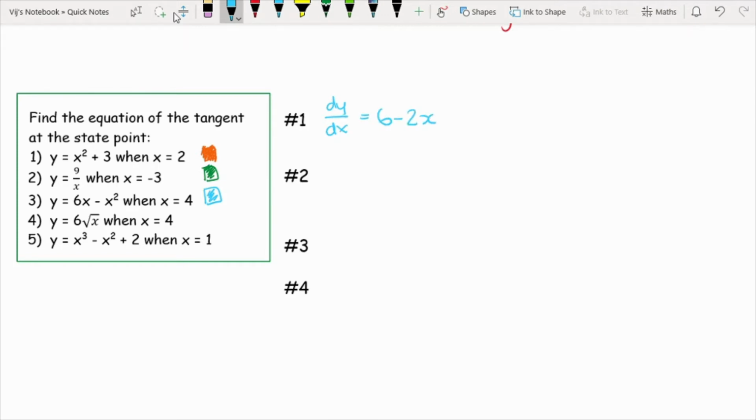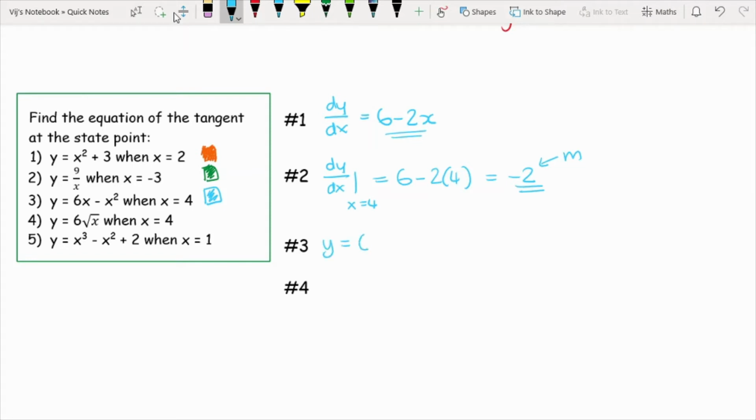And then for step 2, I then need to find the gradient of the tangent. So that's dy over dx. And again, I'm going to substitute x equals 4 into my dy dx, in which I get 6 minus 2 lots of 4, which equals minus 2. So my m is minus 2. So then what I then need to do is find the respective y-ordinate.